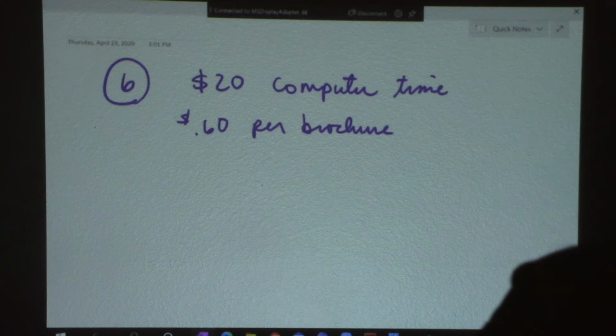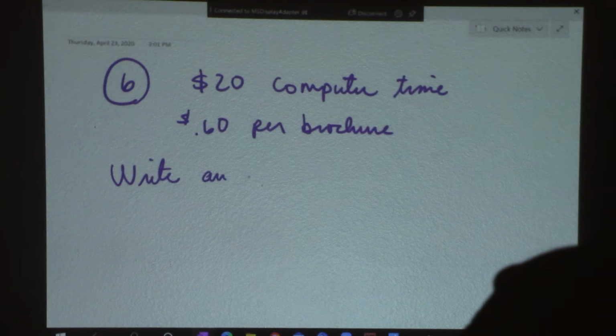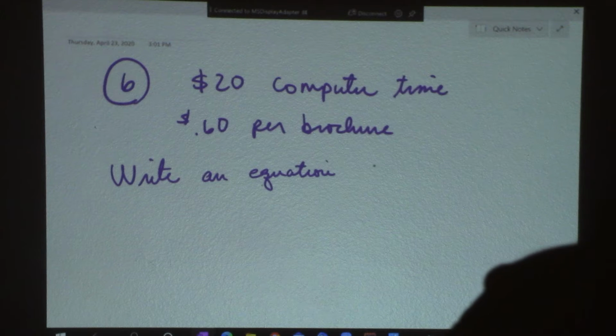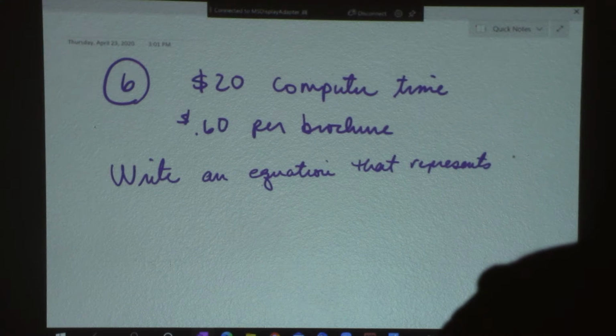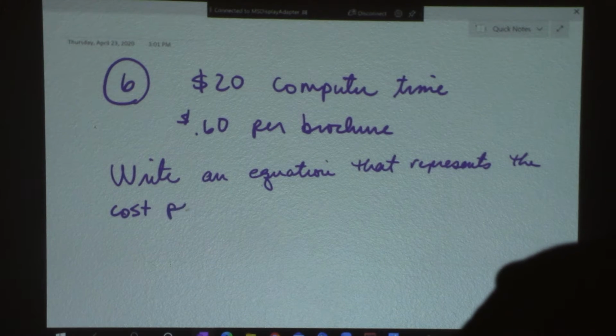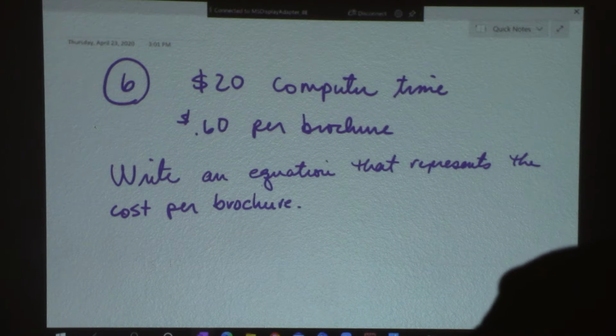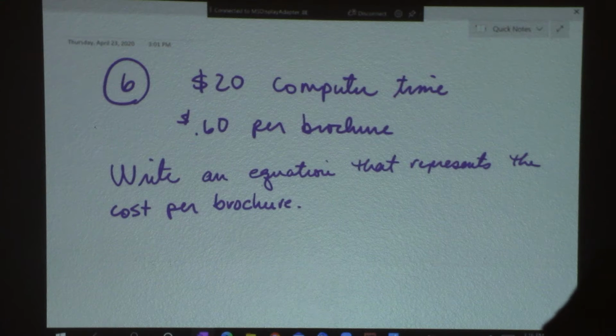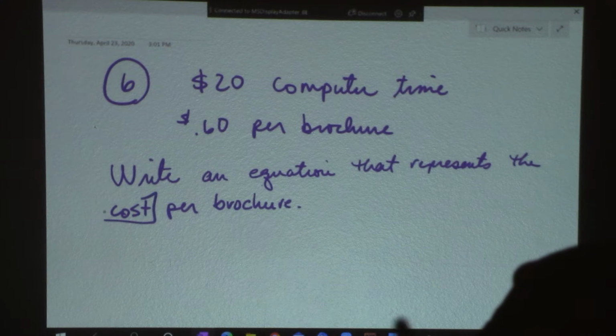All right, so we need to write an equation that represents the cost per brochure. The cost. So I have the cost.